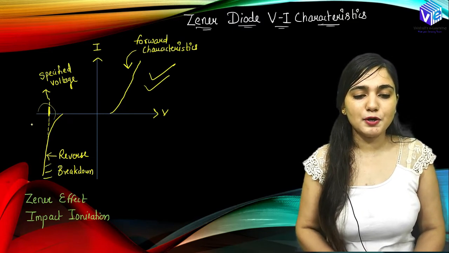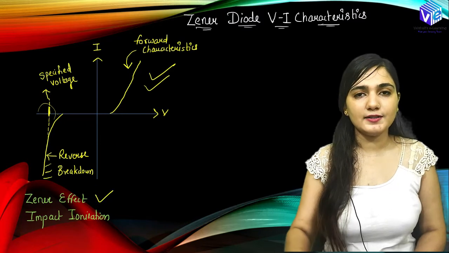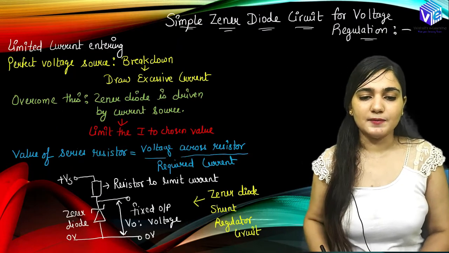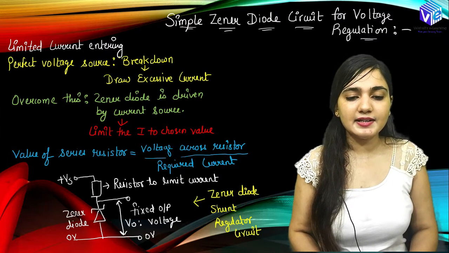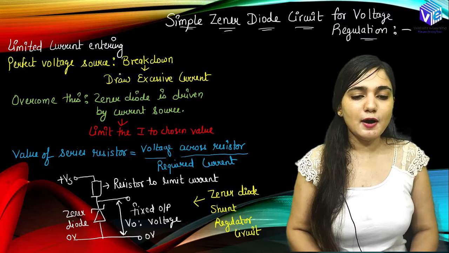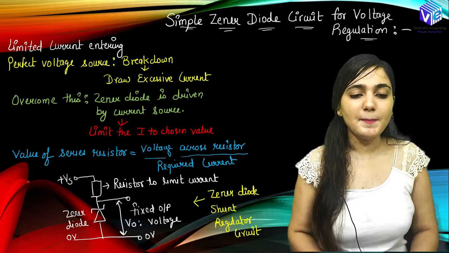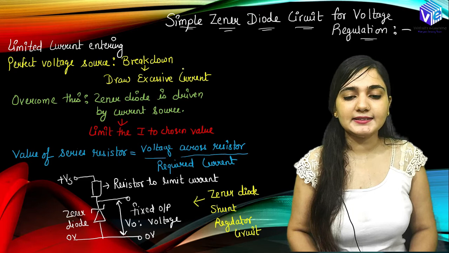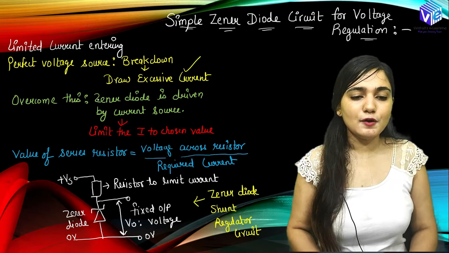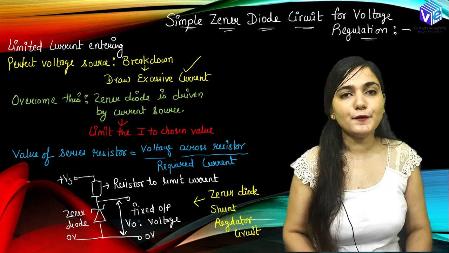Now this is produced due to the Zener effect or the impact ionization. Now we will be having the limited current entering the device, right? So now it is going to give me a perfect voltage source. In the breakdown, it is going to draw the excessive current, right? So it will be acting as a perfect voltage source.